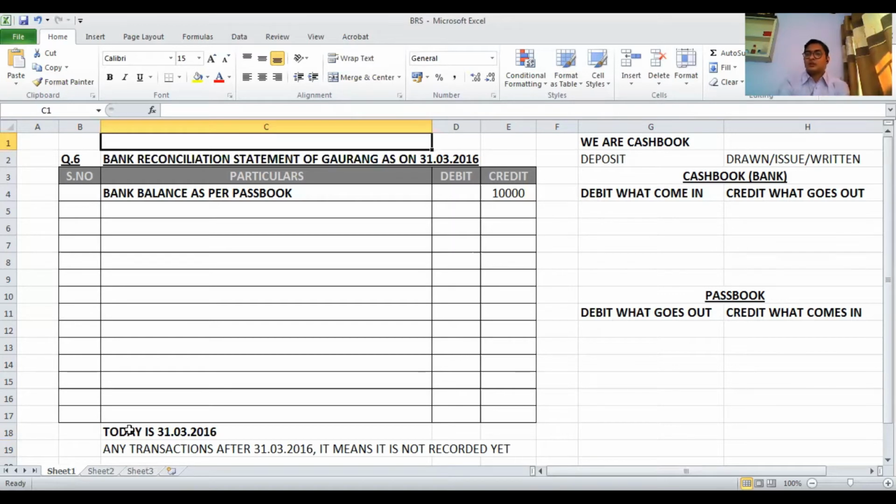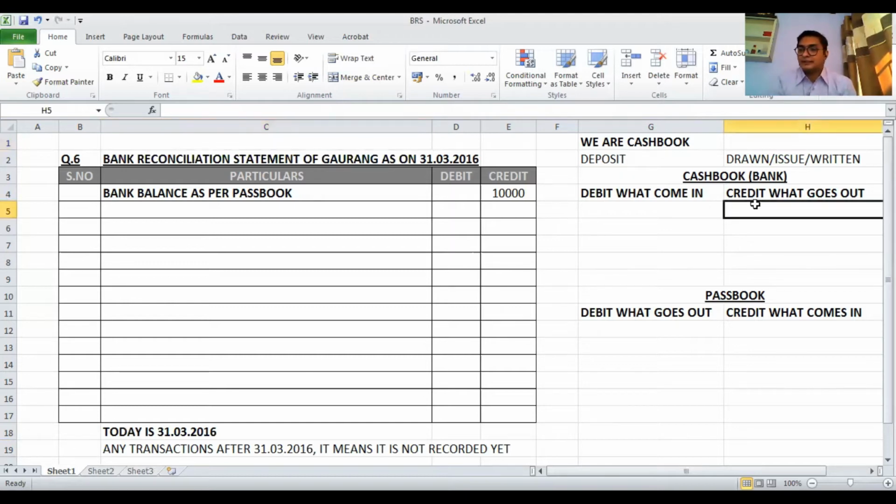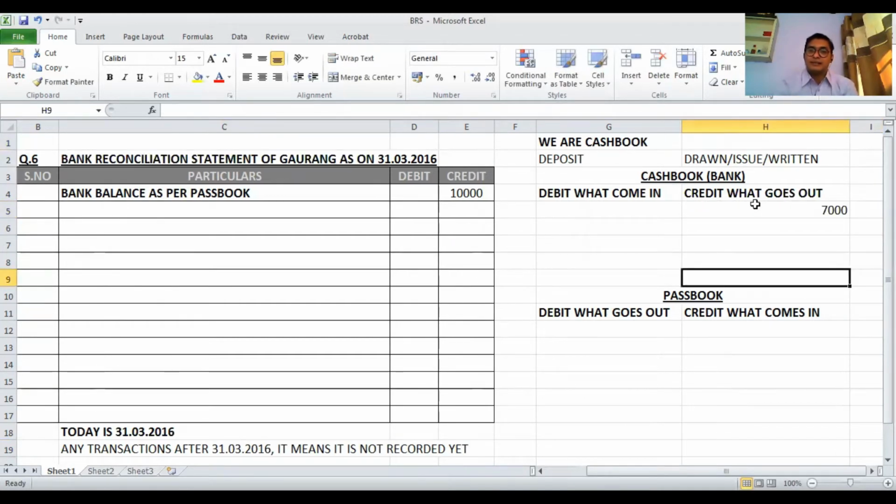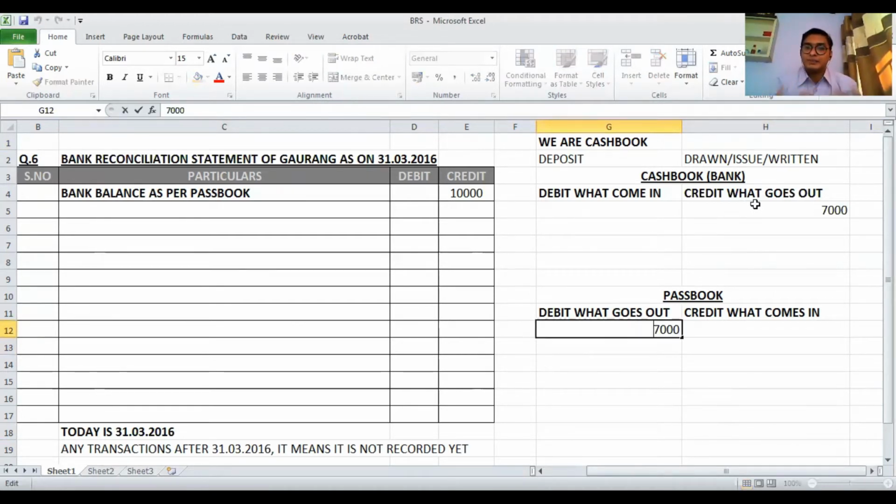First, a check of 7,000 is drawn and recorded in cash book. Check is drawn, it means it has a credit balance as per cash book and debit balance as per passbook. Now, it is not given to creditor, means it is not recorded in passbook, because if I have not given the check to the opposite party, such party has not deposited it into bank, not cleared, no entry in passbook.